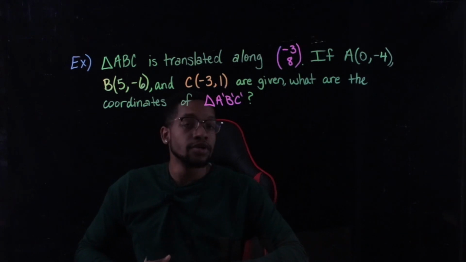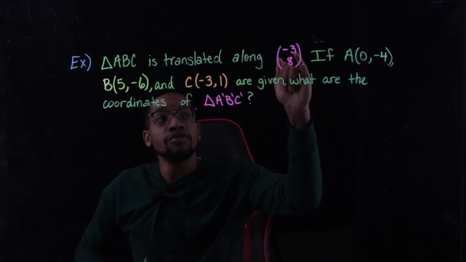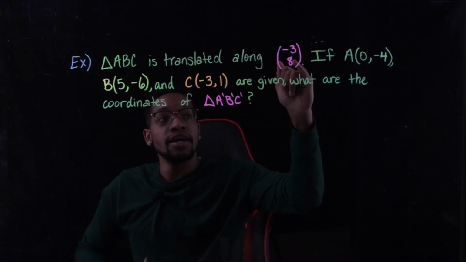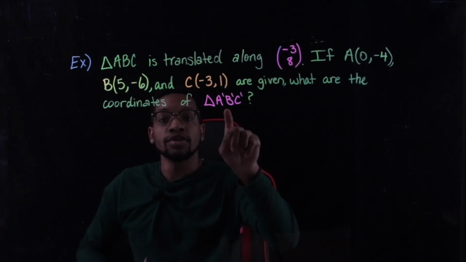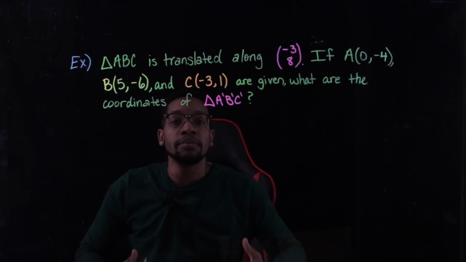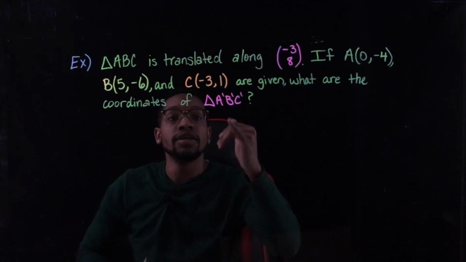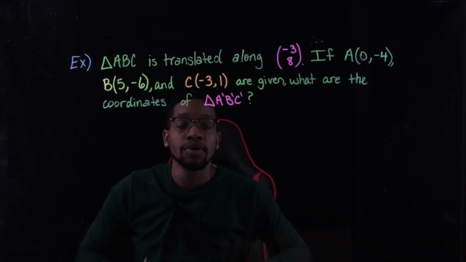So basically all we're doing is taking these original pre-image points, subtracting 3 from the X coordinate, and then adding 8 to the Y coordinate. That'll give us the coordinates that we want. So before just diving right into it, one of the things that makes it a lot easier is to just come up with a general rule for getting the coordinates of A prime, B prime, and C prime.